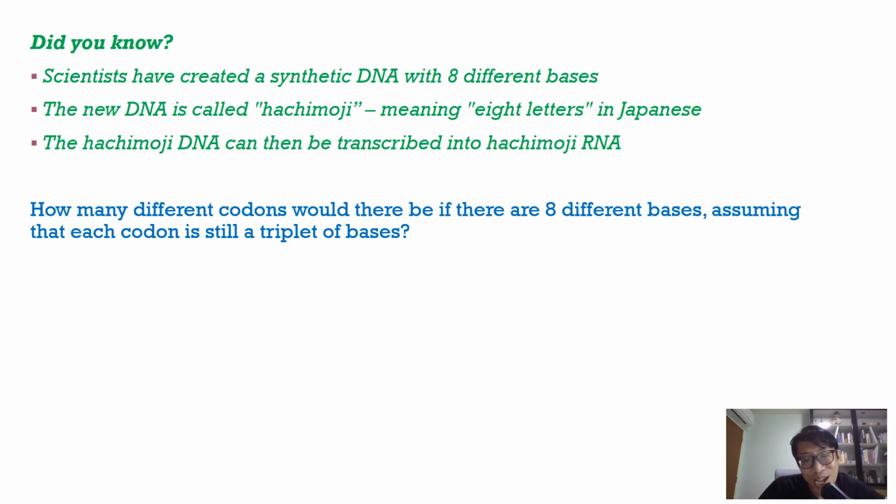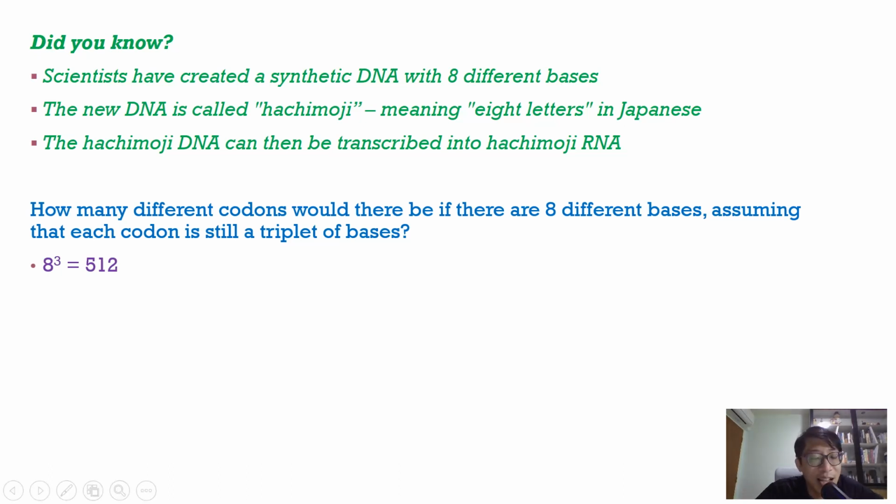Okay, so think about this. If DNA has 8 different bases, but each codon still has 3 nucleotides, so it's the same triplet code, but now we have 8 different types of nucleotides in the RNA. How many codons would there be? There will be 512 different codons possible.